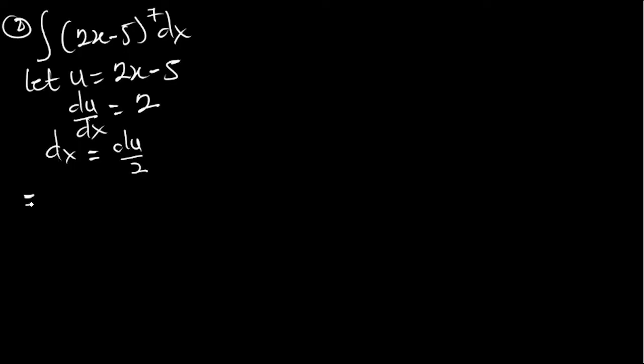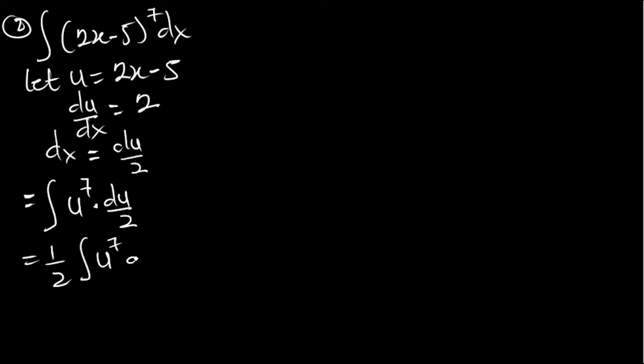So this whole function is now going to be equal to the integral of u raised to the power 7, and the dx is now du on 2. So I can factorize the 1 on 2 out, leaving the integral of u^7 du.